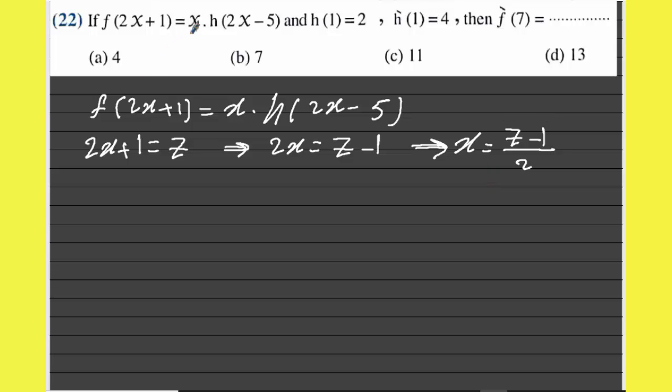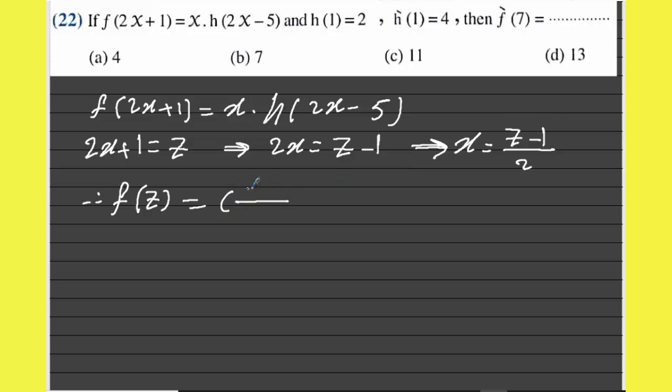Now the left hand side f of 2x plus 1 will be f of z, because I considered that 2x plus 1 equals z. So f of z equals x. What is the value of x?